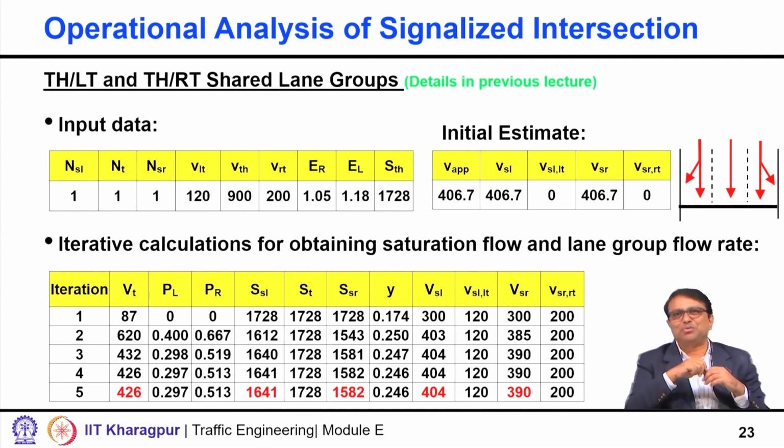So, the saturation flow for the shared lane, shared left, shared right, for each approach and each context, you have to come back and calculate from step 4. Once you have taken the saturation flow value from step 4, you go back to step 3 and finish the remaining calculation to get all these volume values.